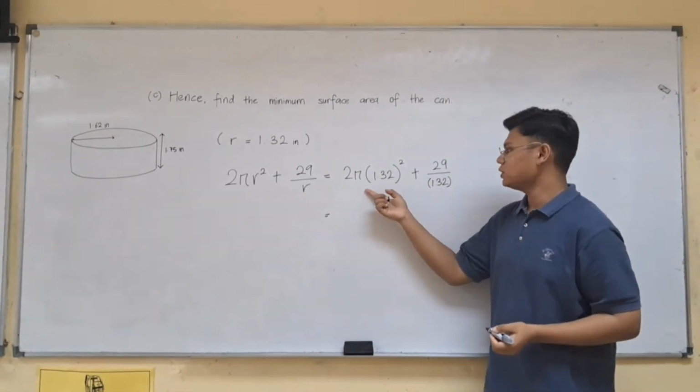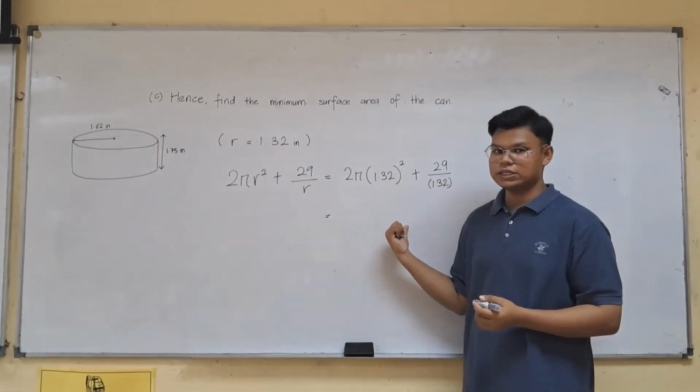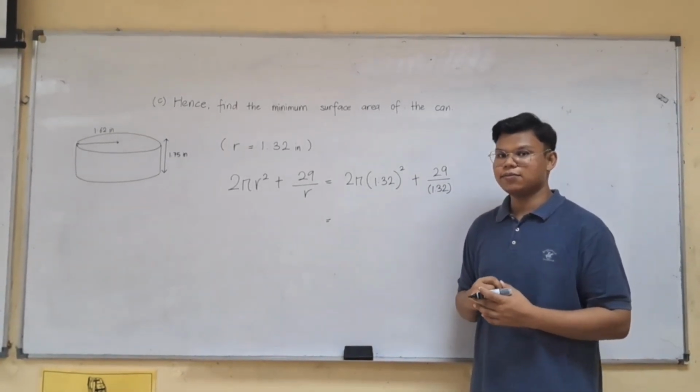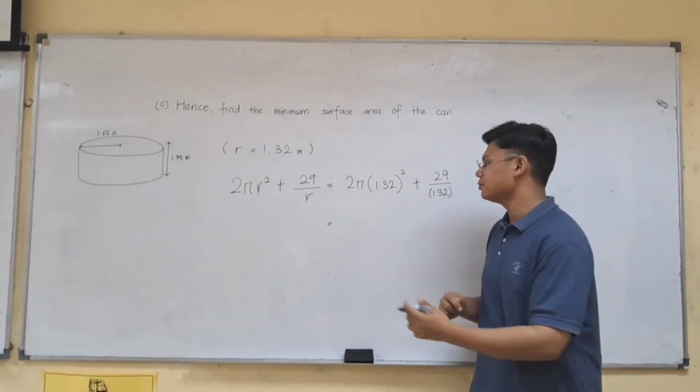After we have substituted the value of r into the equation, we can calculate it normally and we can get the minimum surface area of the can.